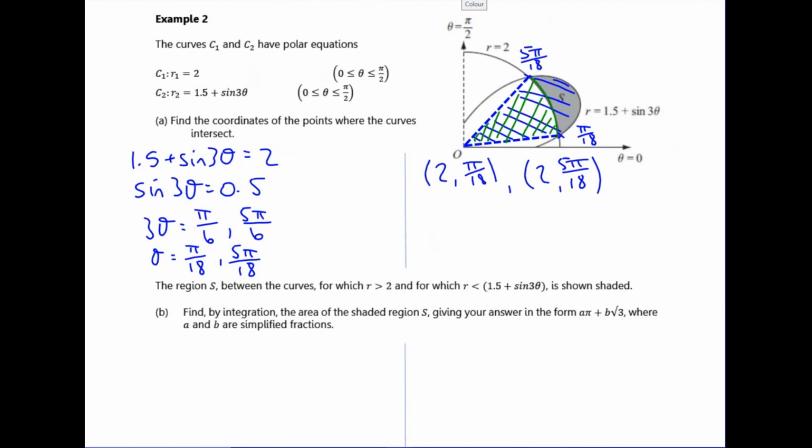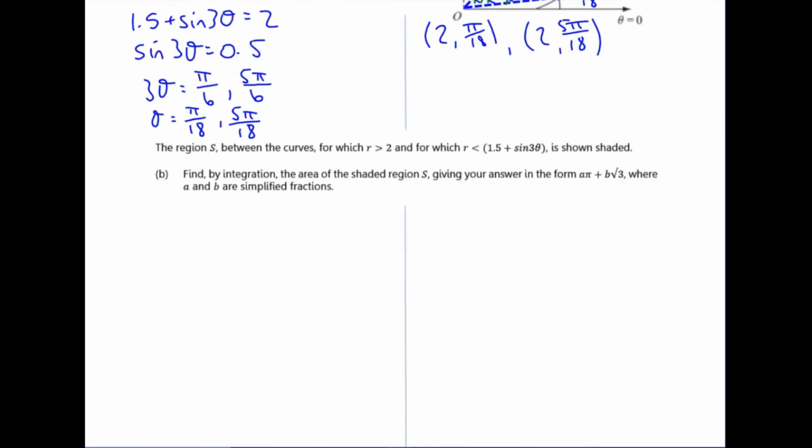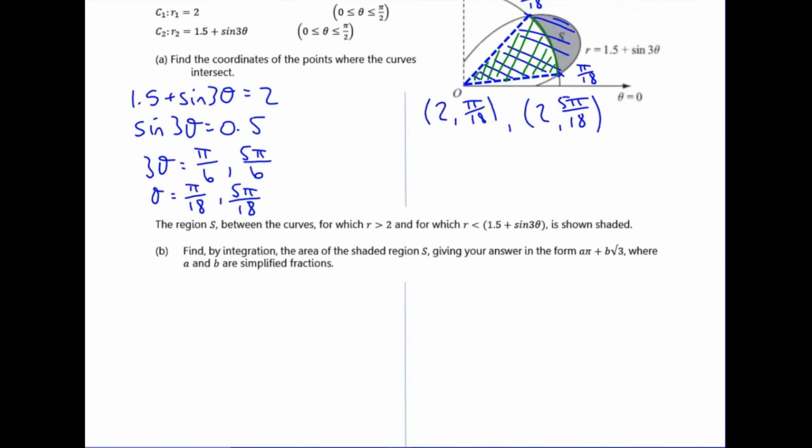It may be worth checking, am I actually going this way around the sine curve? But I am. If you put 0 in, you'll start at 1.5 and then you'll increase up until here and go down. So I am this time using the same limits, and I am going to just subtract. Okay, so let's do the big area first.